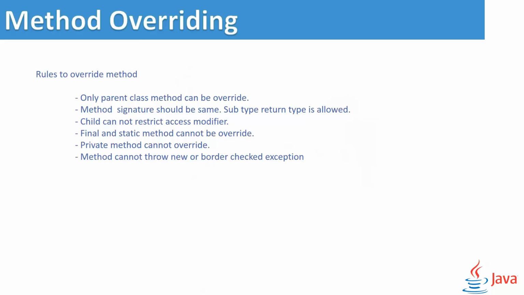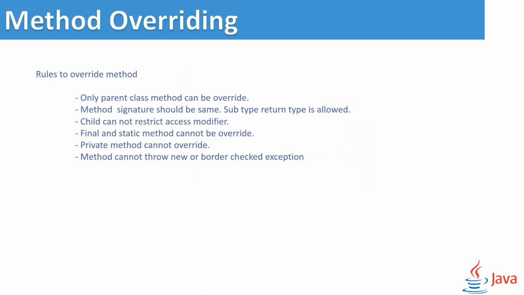To override any method, a child-parent relationship is required. That means only a parent class method can be overridden. Next one is the method signature should be the same. That means the method name and arguments will be the same.